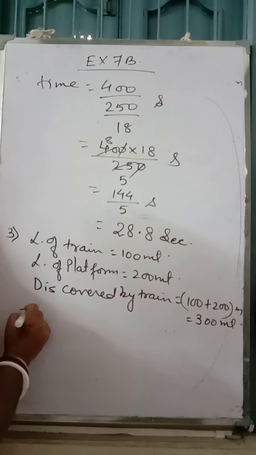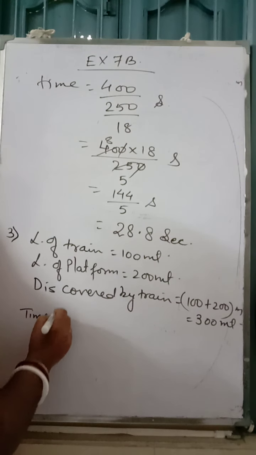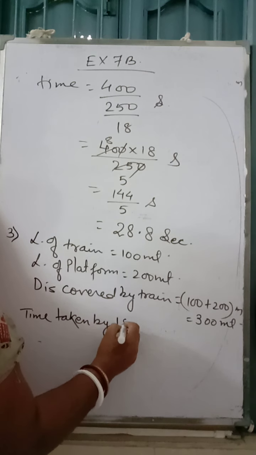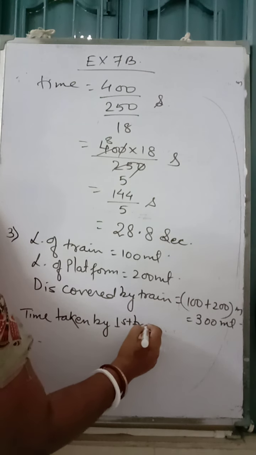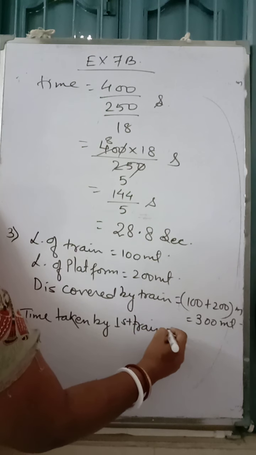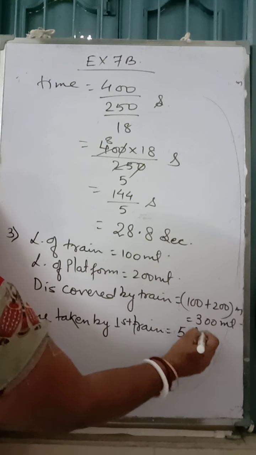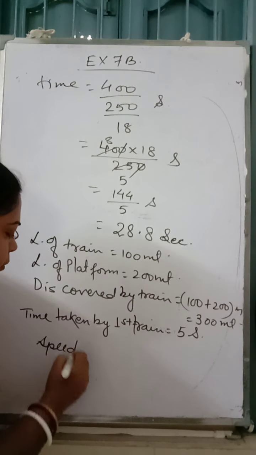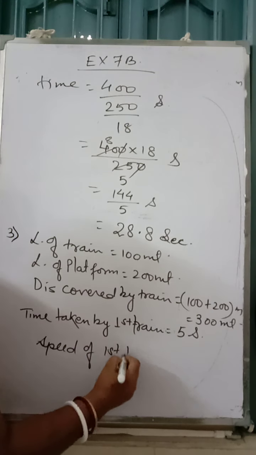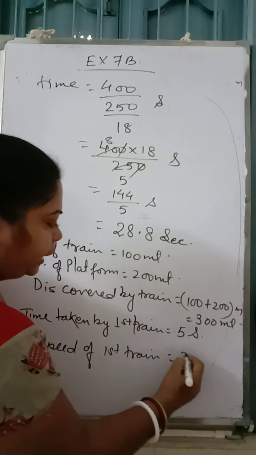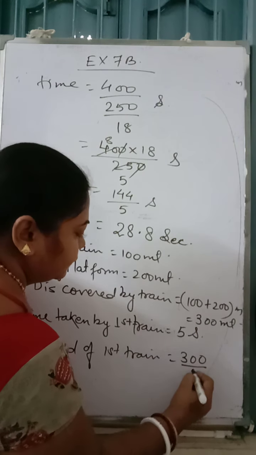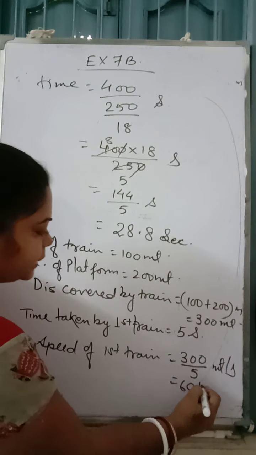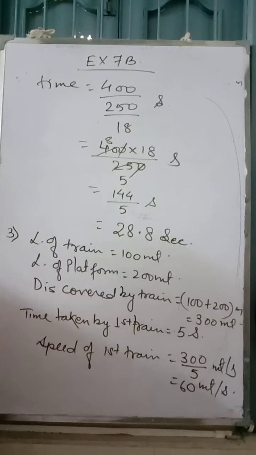Time taken by first train is equal to 5 seconds. So what would be the speed of the first train? 300 by 5 meter per second, 60 meter per second. Okay.